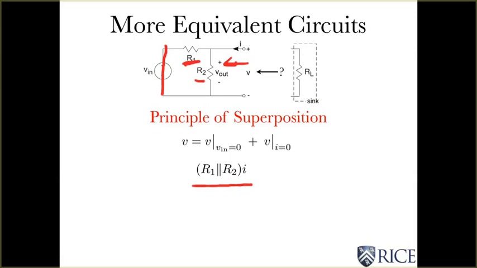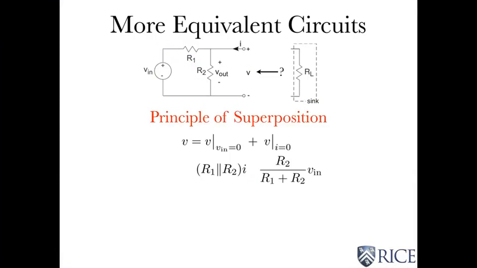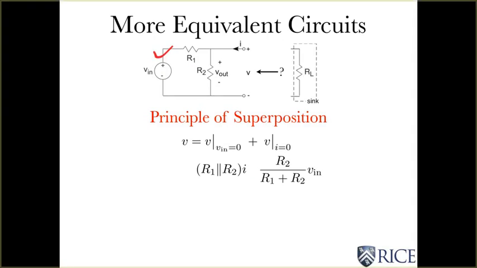And now if you go on to setting I to 0, so I'm going to turn the source back on. Our source is alive and well. And setting I equal to 0 means there's nothing attached to the terminals. And what we have is the same circuit that we had before that we already analyzed. You simply use voltage divider to figure out what V out is, and this is what we got last time.